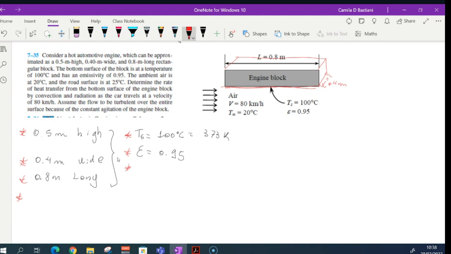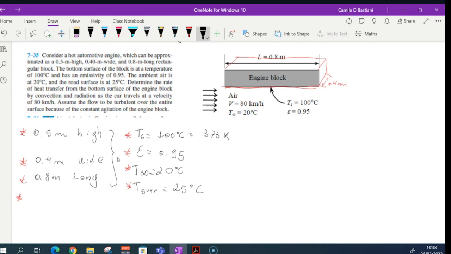The ambient air is at 20 degrees Celsius. And the road surface, I'm going to call that my temperature of the surroundings, my temperature of the surface, is equal to 25 degrees Celsius.